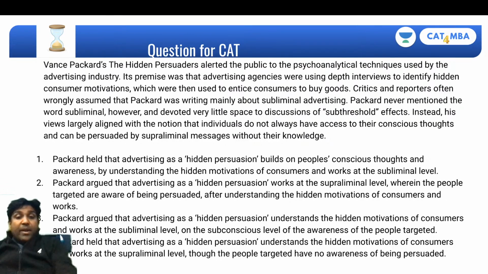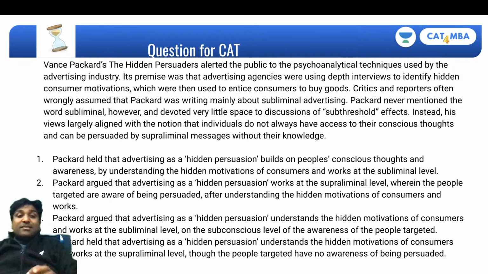And number 3, Packard argued that advertising as a hidden persuasion understands the hidden motivations of consumers and works at subliminal level. Again, it uses the word subliminal.